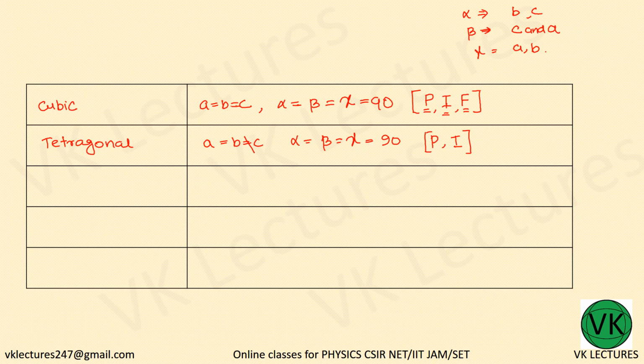Now we have orthorhombic. Here the lattice constants are not equal: A, B, C not equal to each other, and alpha equal to beta equal to gamma equal to 90 degree.